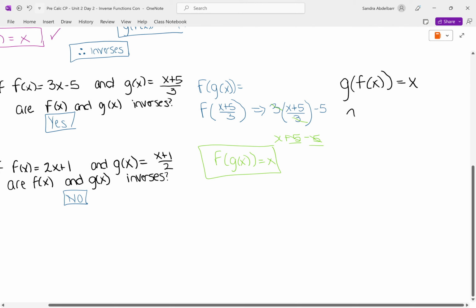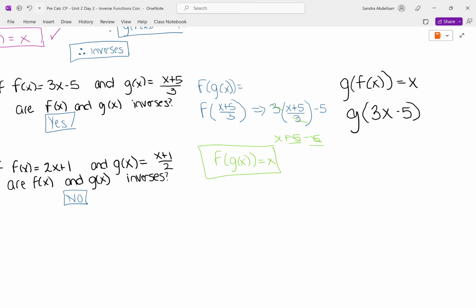So we're going to have g of 3x minus 5. I need to show this. So now this is going to be 3x minus 5 plus 5 over 3. Well, in our numerator, a negative 5 and a positive 5 cancel, so now we're left with 3x over 3. How come I am allowed to cancel these 3's out?